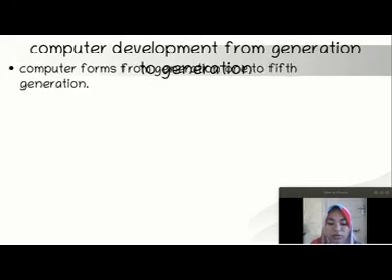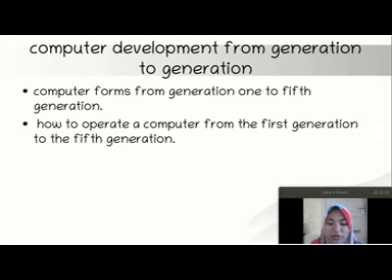How to operate a computer from the first generation to the 5th generation. Just to repeat what I said earlier, computers from generation to generation have differences that are so much different. So in operating them, they will certainly be different for each generation.